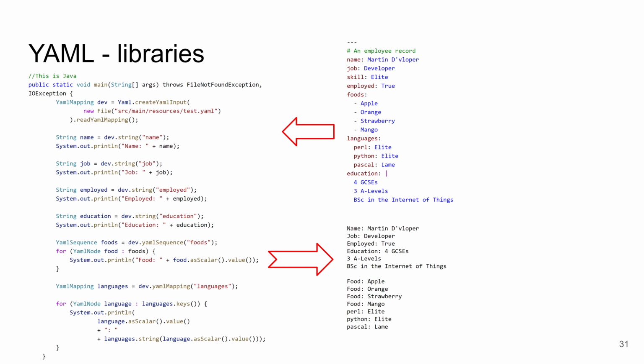This is quite straightforward, I think, so we can go directly to accessing the key value pairs. So first of all, we'll access the name by specifying that we expect a string with a key name, and we'll print that name. Then we'll do the same with the job, and then the same with employed. Here, you might think about employed a little bit more, because in the file employed has the value true, which is Boolean.